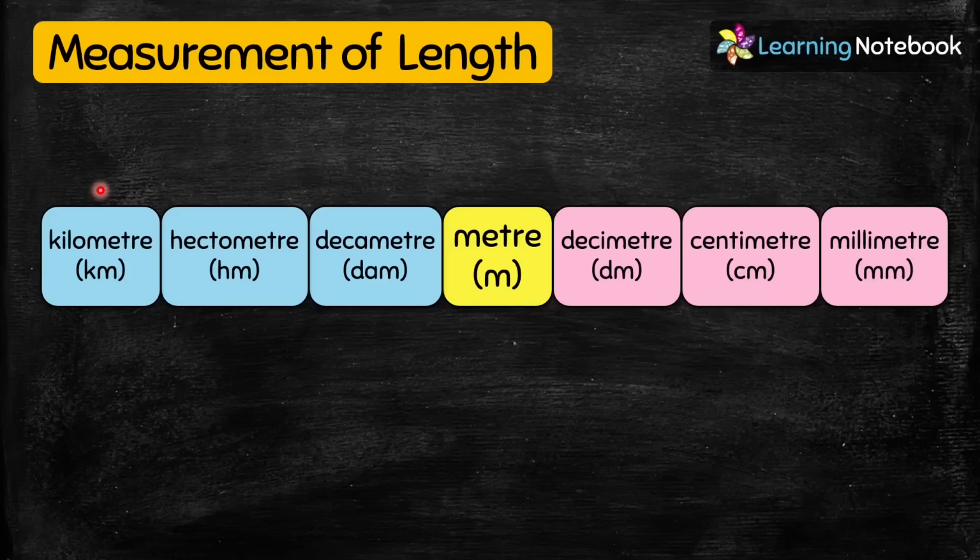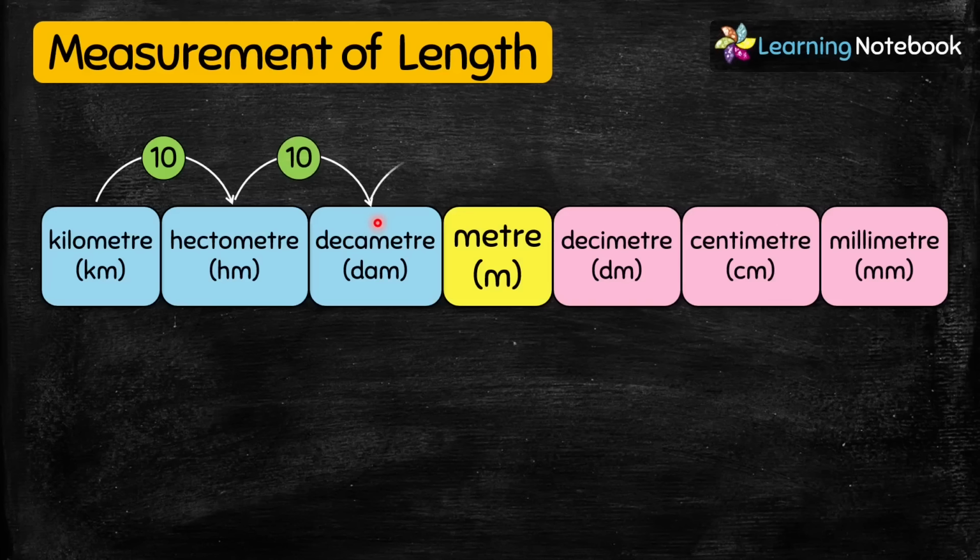So let's say if I am at kilometer and I want to convert it into hectometer, then I will have to multiply it by 10. Now, if I want to convert hectometer into decameter, then again I will multiply it by 10.